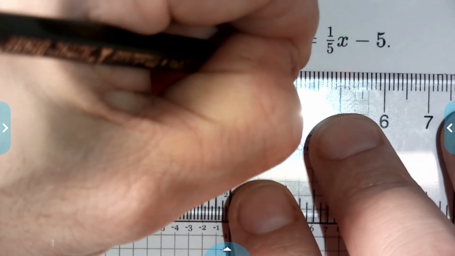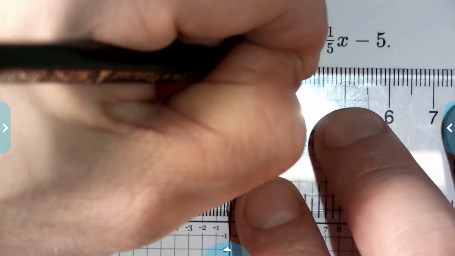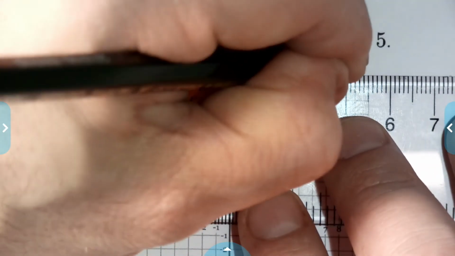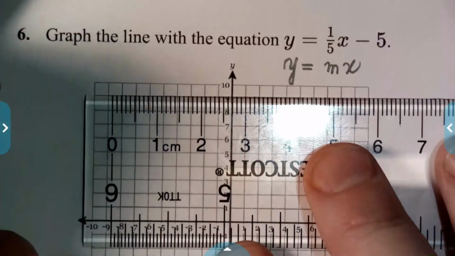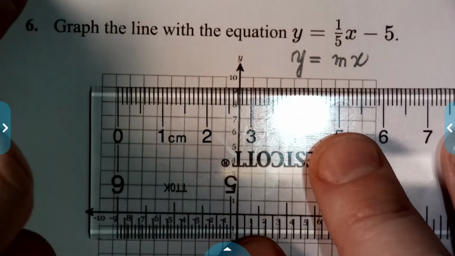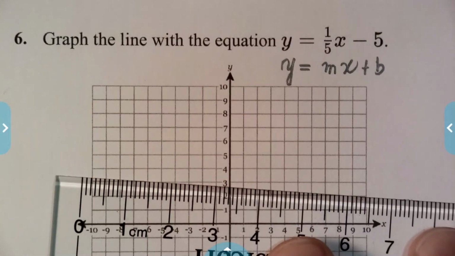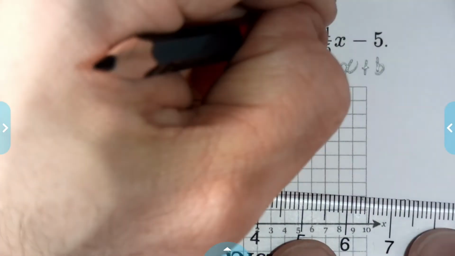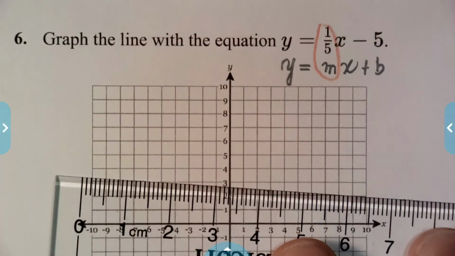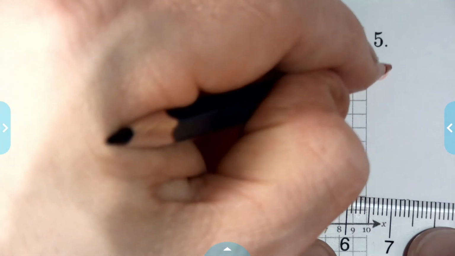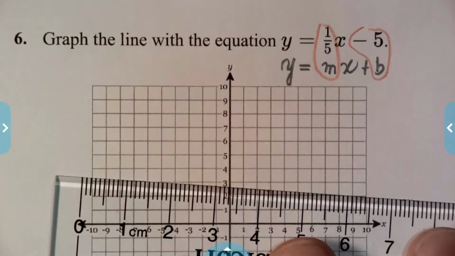I'm going to write y equals mx plus b. In this case, it's y equals mx minus b, right? So b can be negative, but we'll put plus b, and we just understand that b can be a negative number. And so I see that my slope is 1/5, and that my y-intercept is at -5. So 0, -5 is the y-intercept.